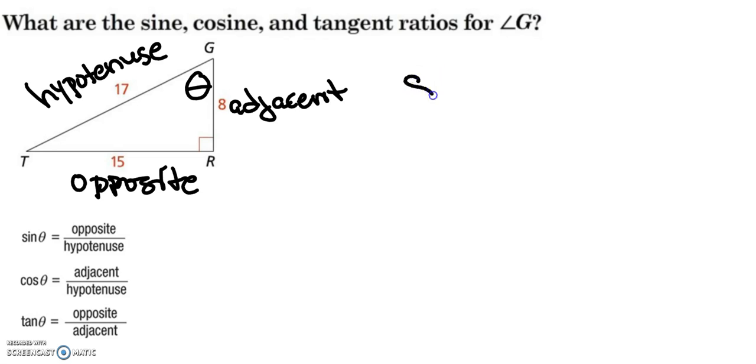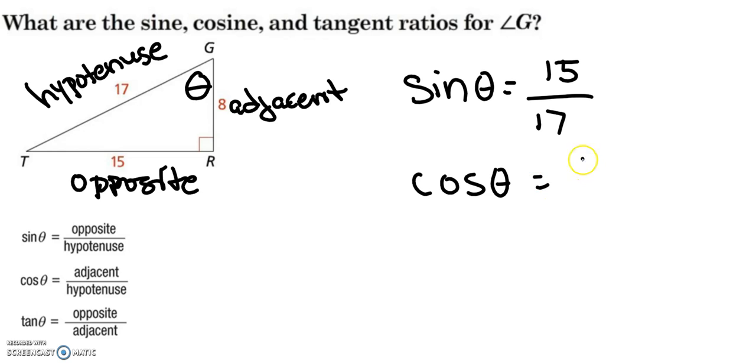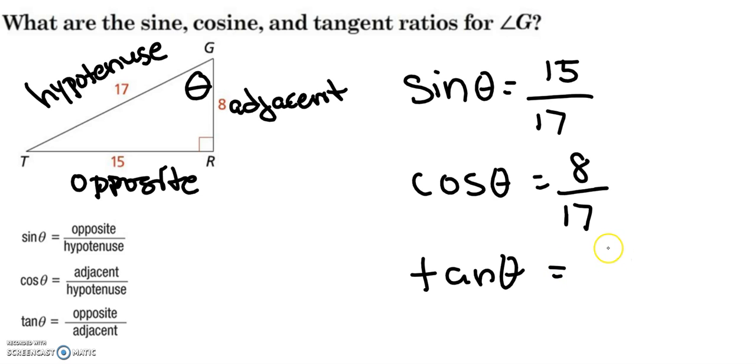So now I rewrite these, and sine of theta, which was before 8 over 17, is now 15 over 17. Cosine of theta is now 8 over 17. And tangent of theta is now equal to opposite 15 over adjacent 8.